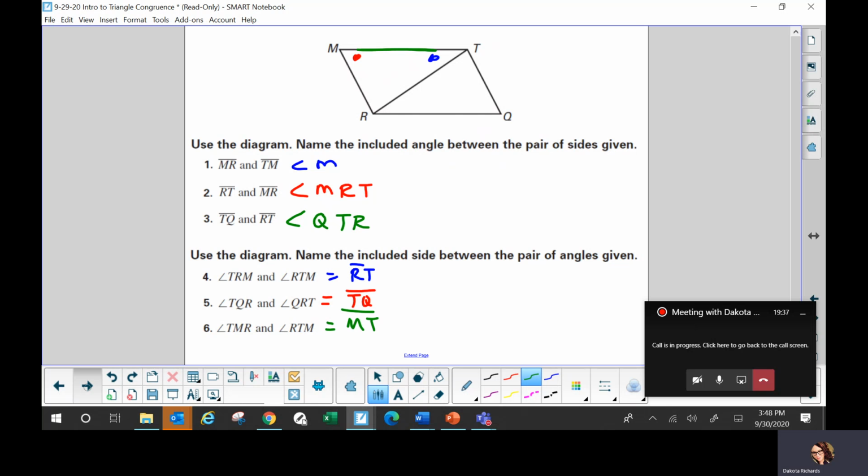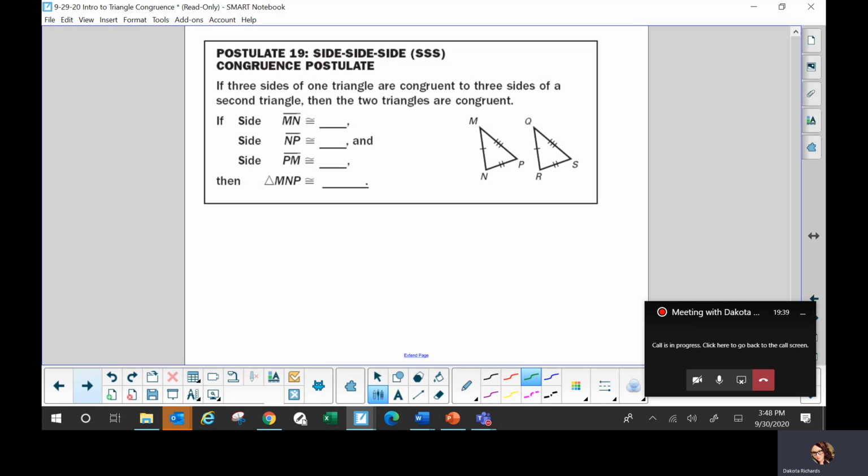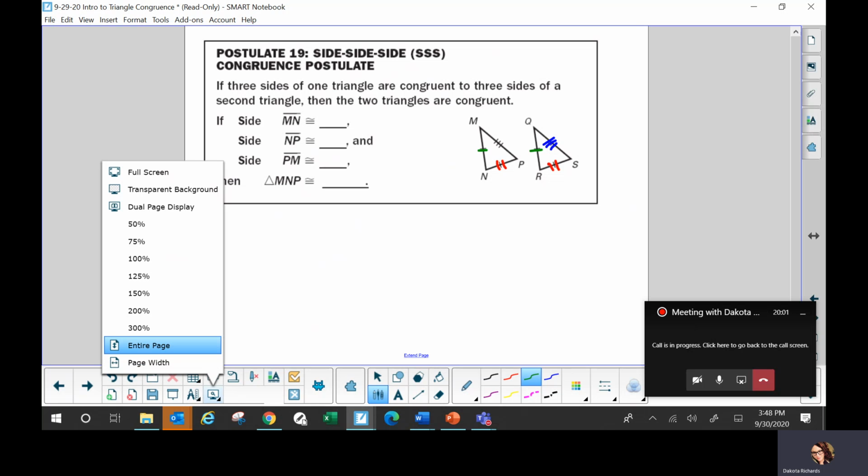Right. So, this just goes over the different definitions. When you have side, side, side, you're going to have 3 congruent sides. One side there, 2 sides here, and then third side is there. Okay, I'm going to change this so you can see it a little bit better.